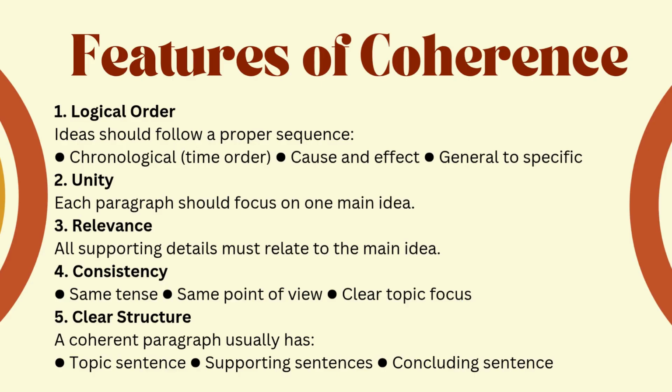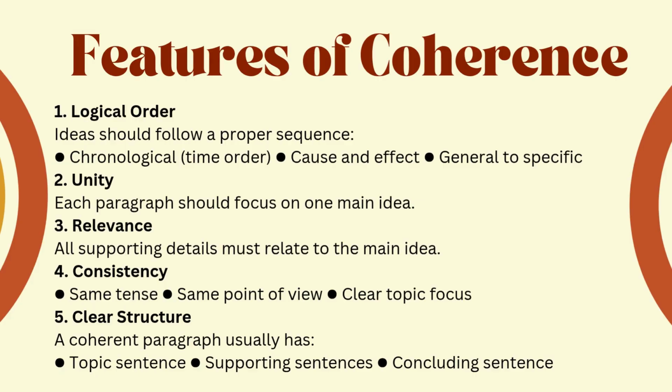Consistency. The writing should remain consistent throughout. Using the same tense means if you are writing a paragraph in the past tense, then you should use the past tense throughout the whole paragraph. Keep the same point of view, maintain a clear focus on the topic. Clear structure. A coherent paragraph usually follows a proper structure.